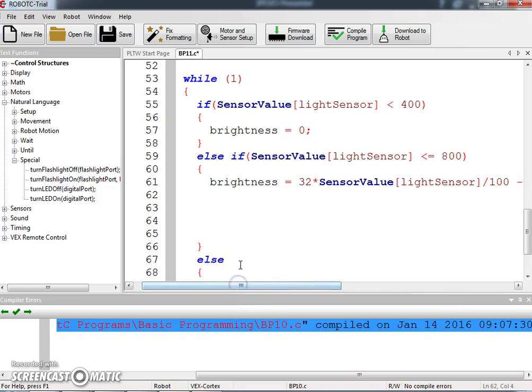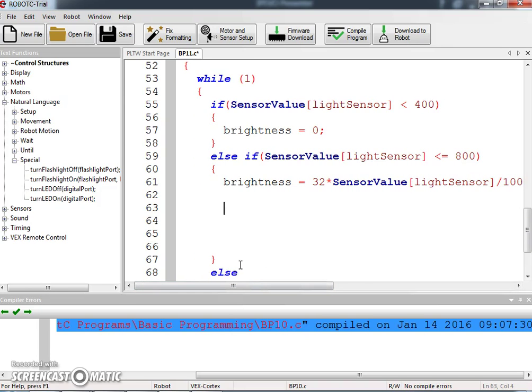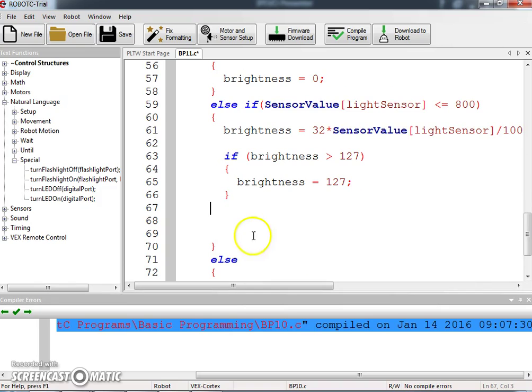Now we can put another if statement in here. We can say if brightness is greater than 127, this will reset our brightness value to 127.